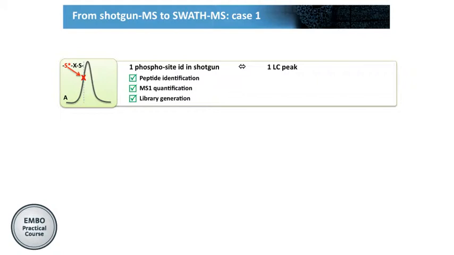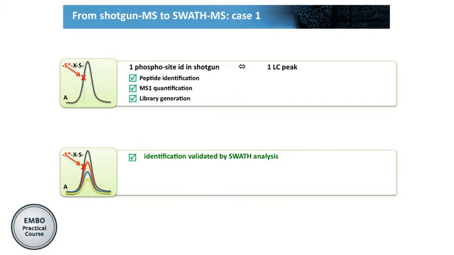If we were doing shotgun MS1 filtering quantification approaches, we would have one area. And if we wanted to build from this a library in order to do SWATH, we would have one identification, so it's easy. When we transfer it to the SWATH concept, everything will be identified and validated, and we'll say that's fine and continue.